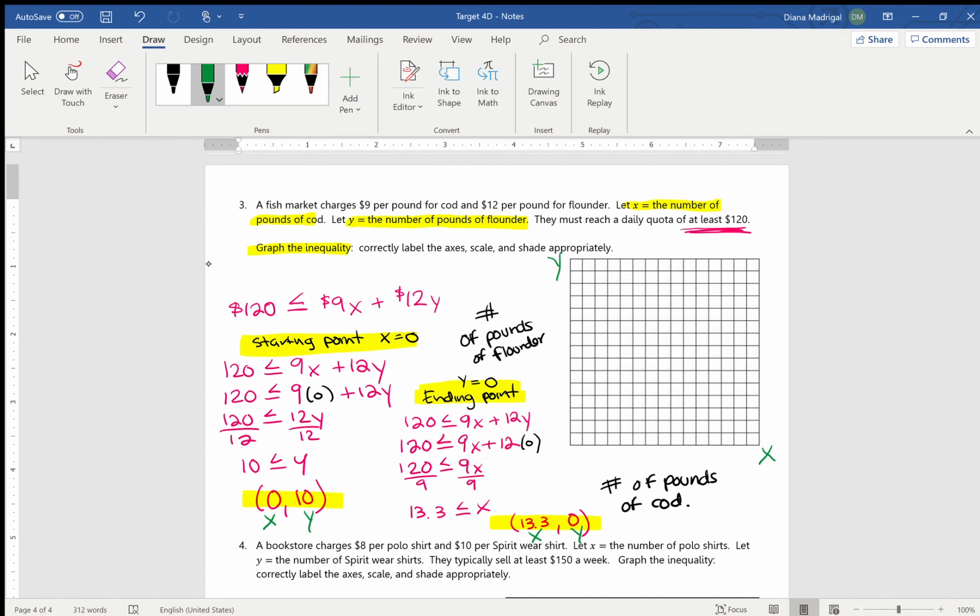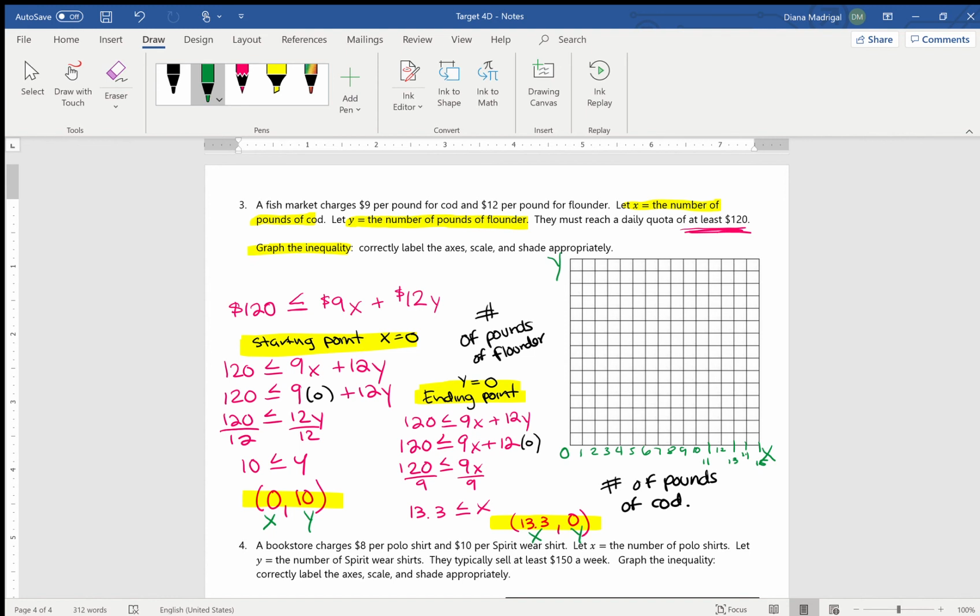Here I go: 0, 1, 2, 3, 4, 5, 6, 7, 8, 9, 10. This right here is 11, 12, 13, 14, and then it goes all the way to 15. I know that it's going to go all the way to 13.3, however, I'm just putting it to 15.